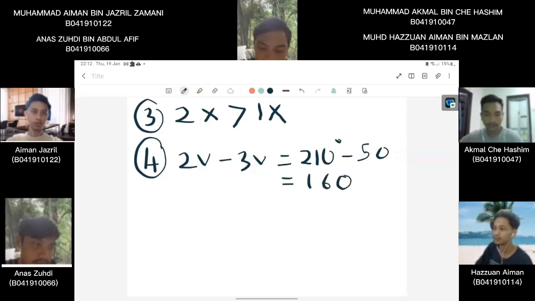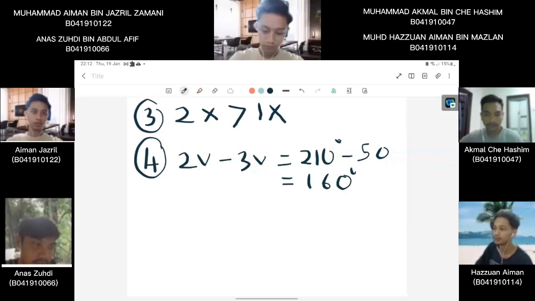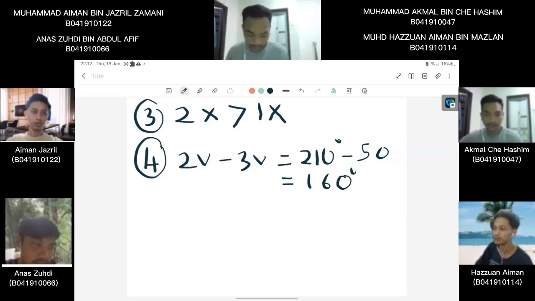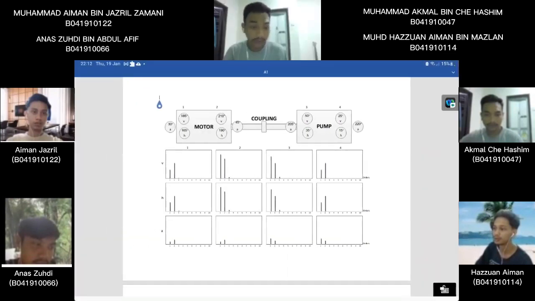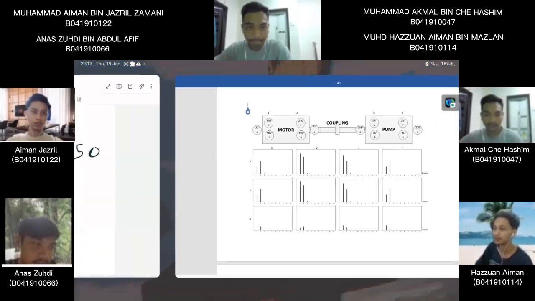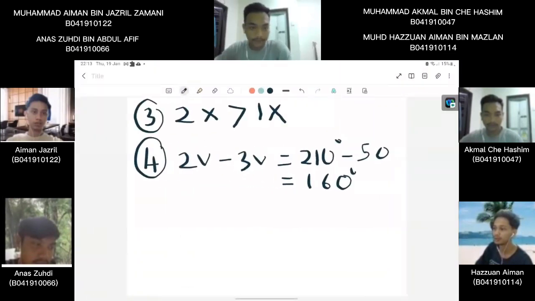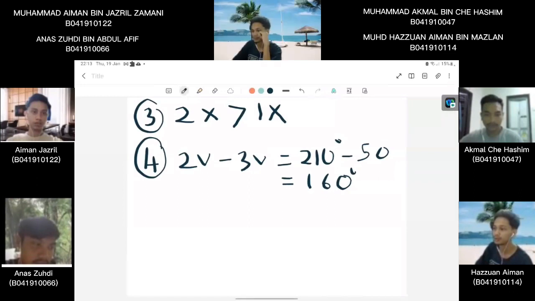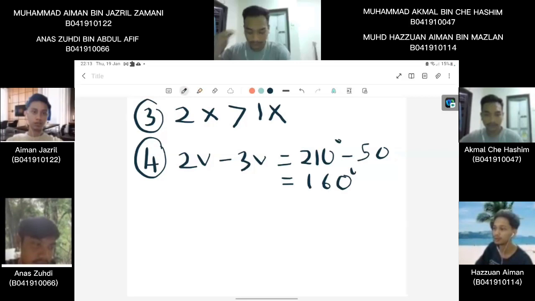We get 160. Wait, before that, we can see that for criterion number 2, there is a 1x and 2x pattern. So it may be imbalance, looseness, or parallel misalignment, if I'm not mistaken. There are 3 possibilities, so we continue with the phase difference to determine which one is the fault.